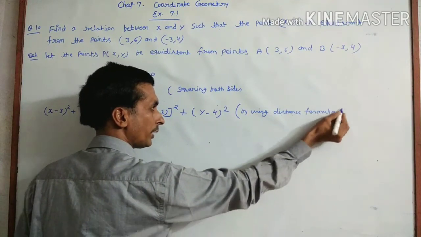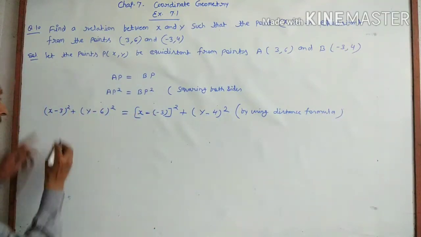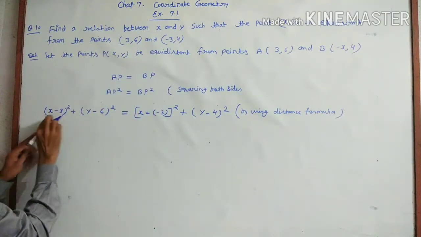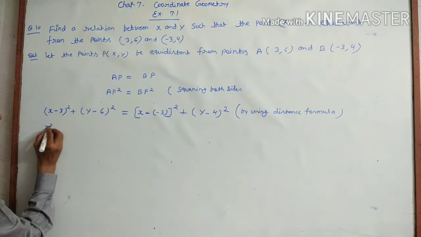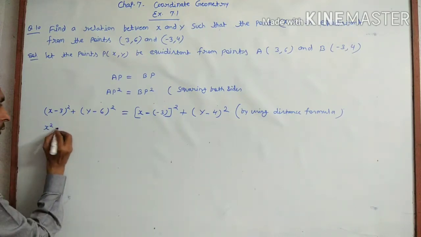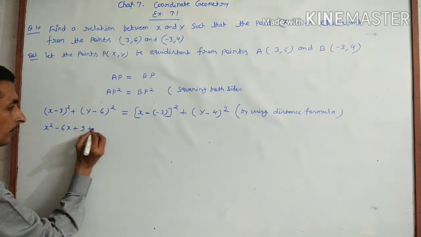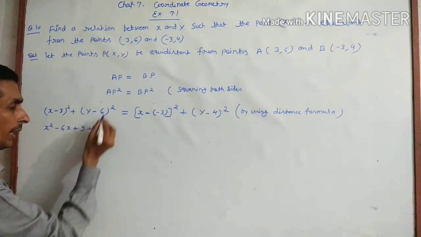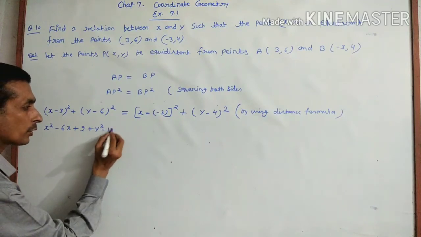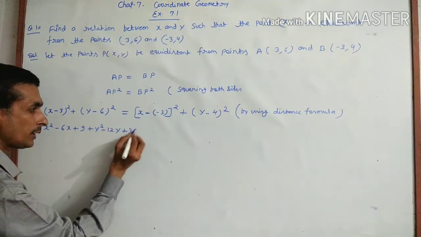Okay friends, you can understand. Here, opening the bracket, a minus b whole square is a square plus b square minus 2ab, so 2 times 3 is 6, 6x, and 3 times 3 is 9, plus y square, and 6 times 2 is 12, minus 12y, and 6 times 6 is 36.